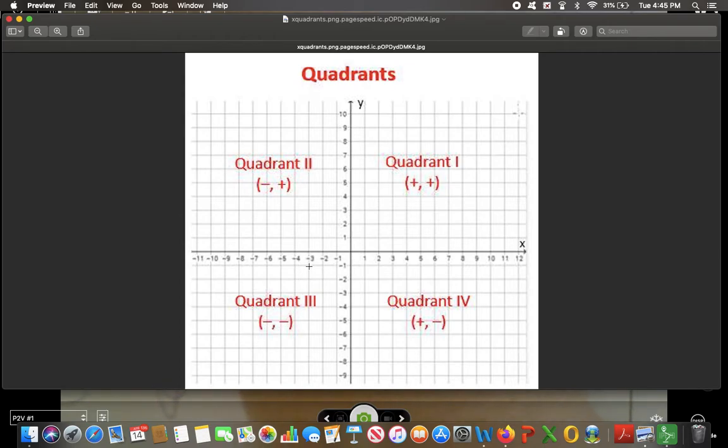If you had a -5, 4, you go -5, 4, then your point is going to be right here, and quadrant 2 is where you're going to be looking at it.